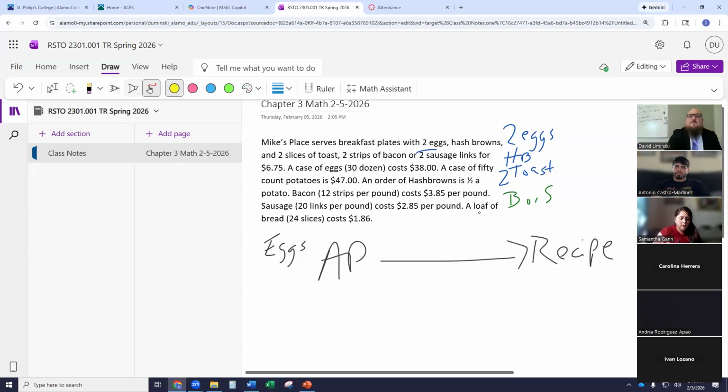So if my recipe is 2 eggs and a case of eggs is $38, my recipe is 2 eggs and my as purchased is $38 per 30 dozen eggs.